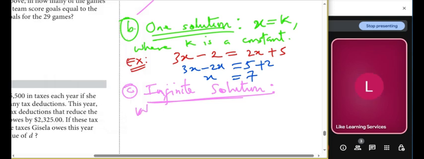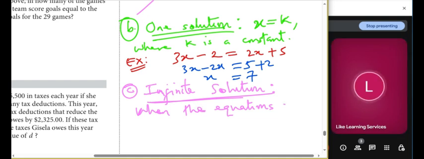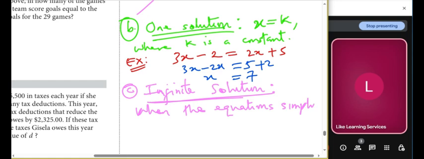When the equation simplifies to, or the system simplifies to equations, it has to be equation simplifies to, because by the time you write them, you will get one equation.